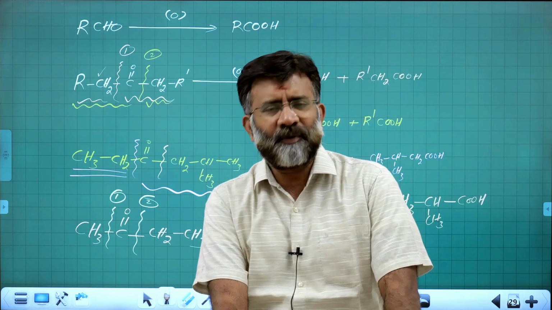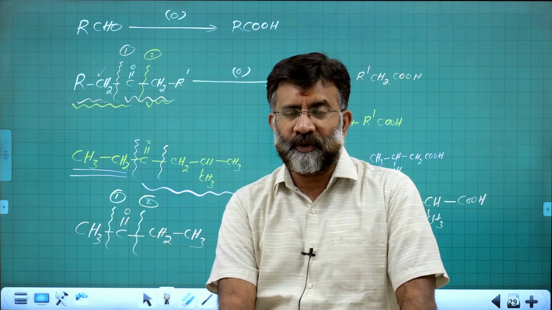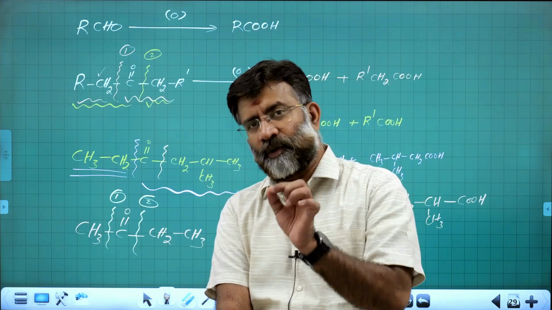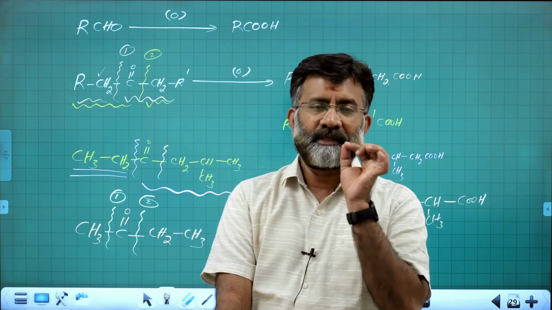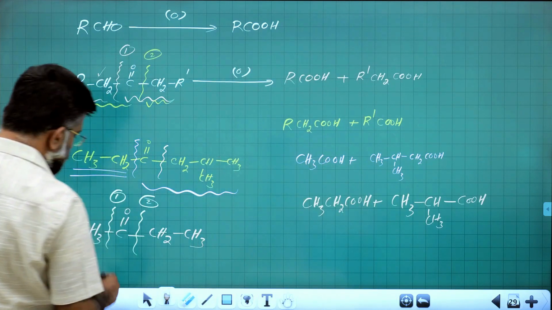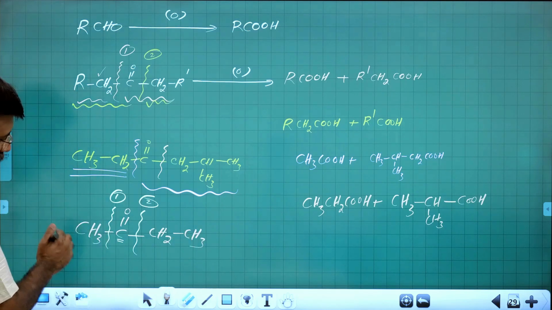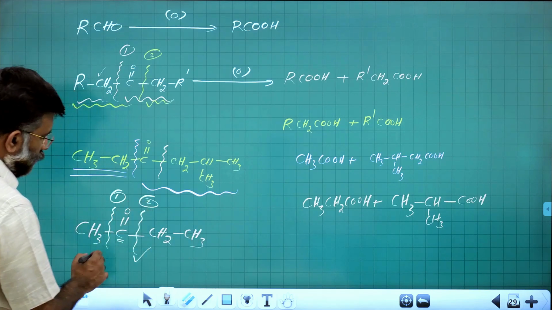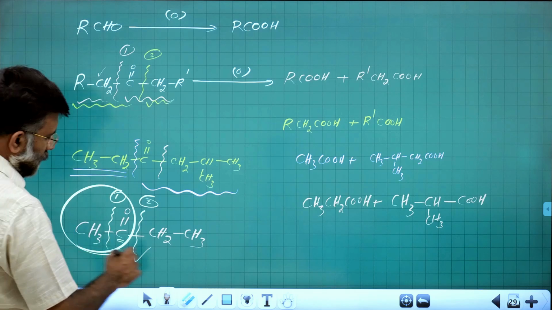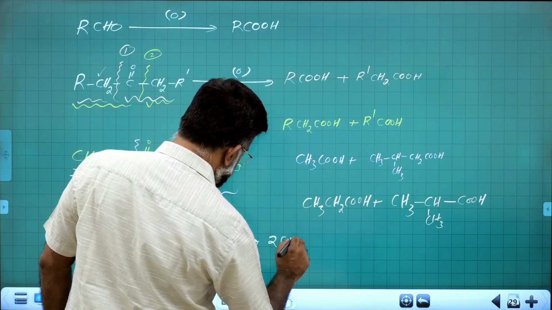A general observation we have found is that the cleavage occurs in such a way that the keto group is retained with a simple alkyl group. That means whether this keto group is remaining with this group or that group, this is a simple alkyl group, so this cleavage will predominate, and you get acetic acid and acetic acid. You get 2 moles of acetic acid.